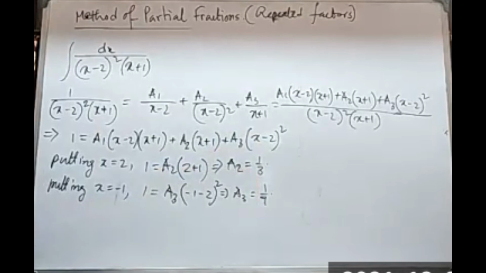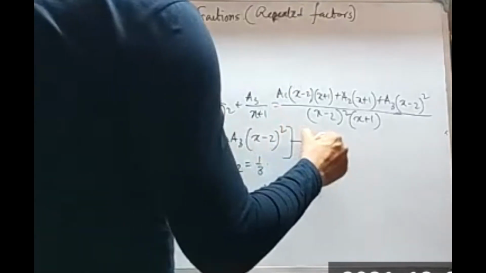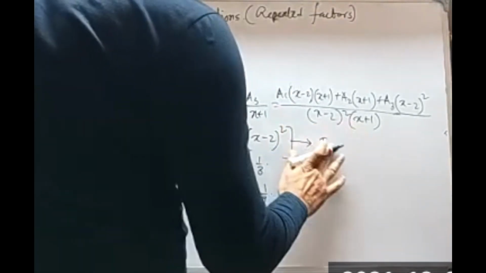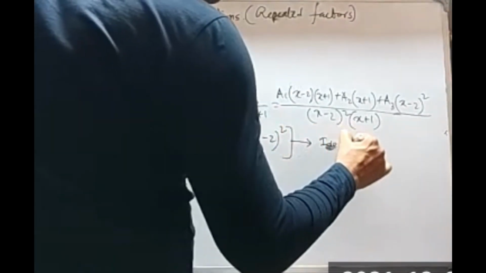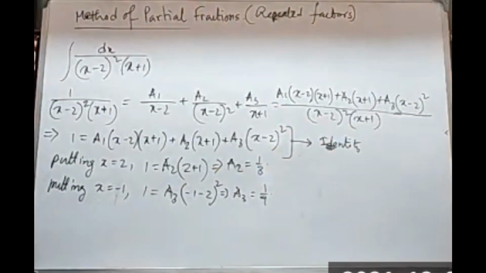Now one very important point: this line that we are writing here is an identity. Identity means this relation is true for every real number. Whatever value of x you put, it will be the same. Because A1, A2, A3 are unknown constants.